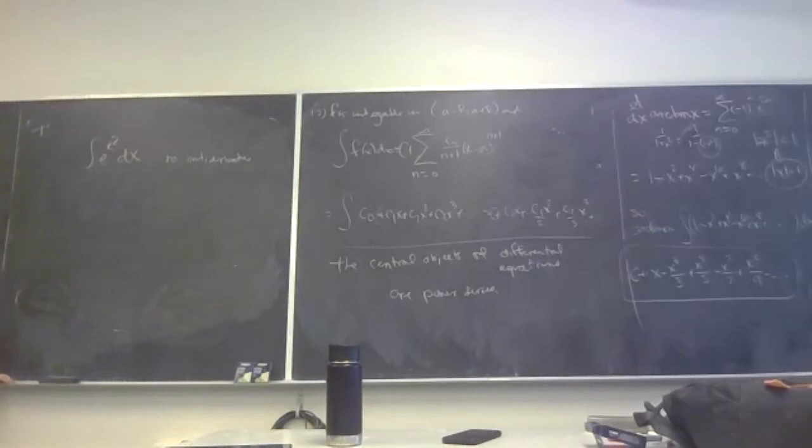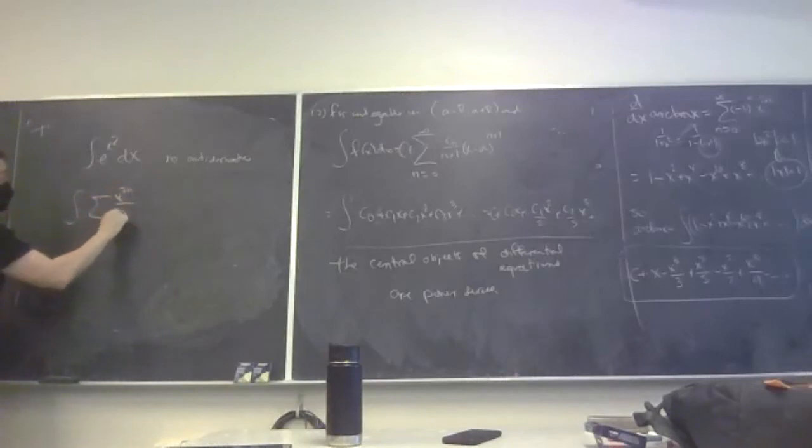So it has no antiderivative. So how do you work with something that's ubiquitous? It's all over math and science, but it has no antiderivative. And the answer is you replace it with its power series and you work with approximations. So what power series give you a way to do is to write the answers to problems down that don't have answers in closed form. E to the x squared, as we'll see, is just this.